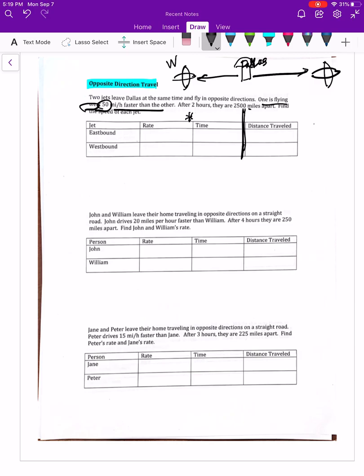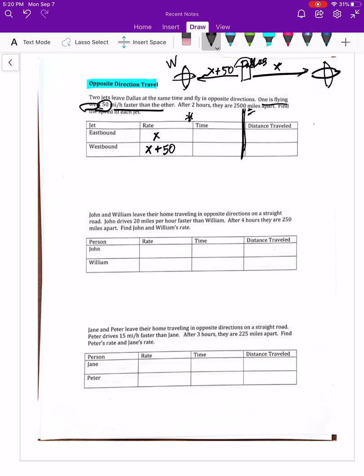So it says two jets leave Dallas at the same time and fly in opposite directions. One is flying 50 miles an hour faster to the west. Did they say anything about eastbound? They didn't. So we're just going to call that X. We don't know what the miles per hour is here, but we know the west is 50 miles an hour faster. So whatever the west is we're going to add 50 to it.